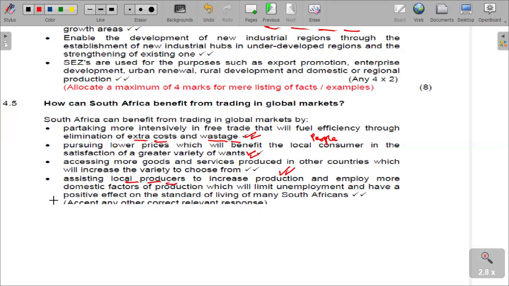Therefore, better living standards are earned, as a result of global markets, better living standards for our local people.